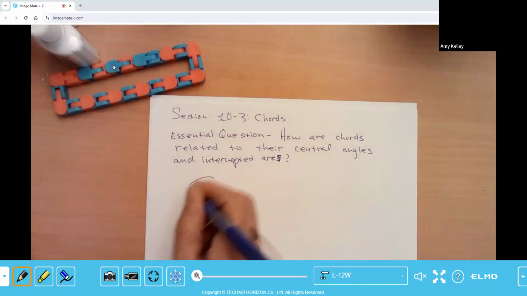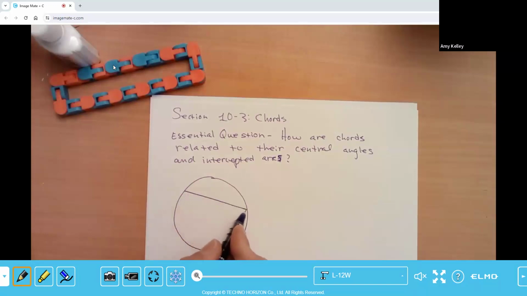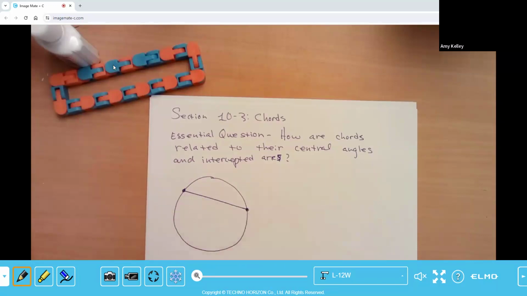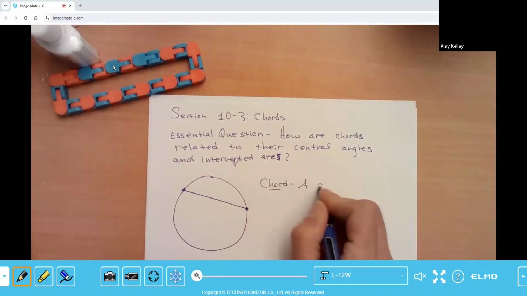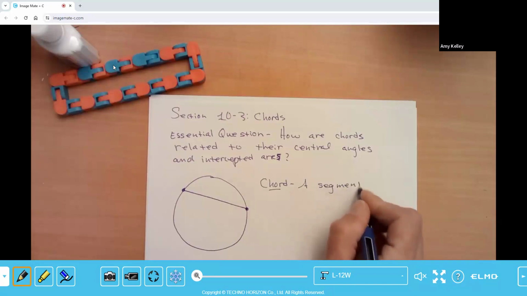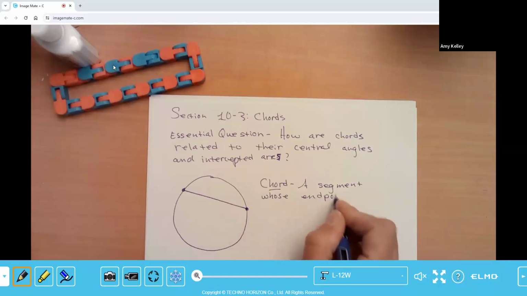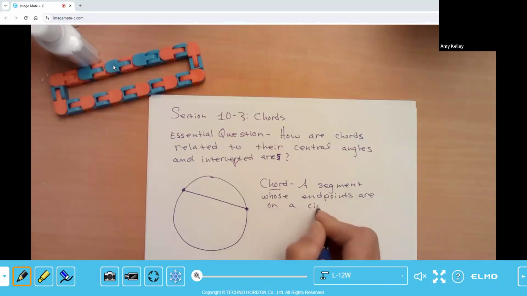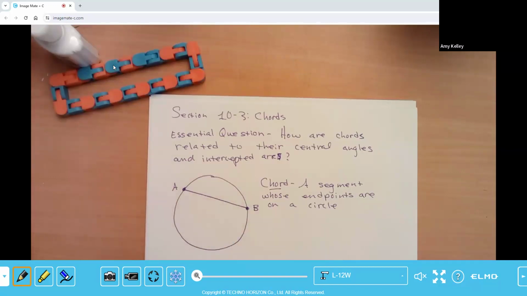So a chord of a circle is simply a line segment whose endpoints rest on the circumference of the circle. So we could label this chord AB if we wanted to.